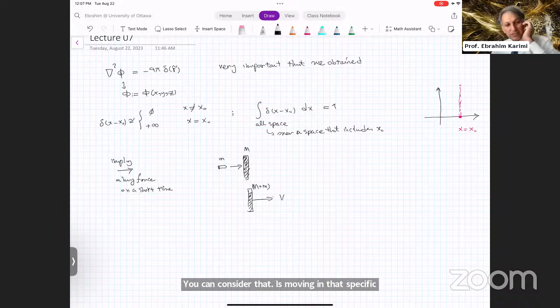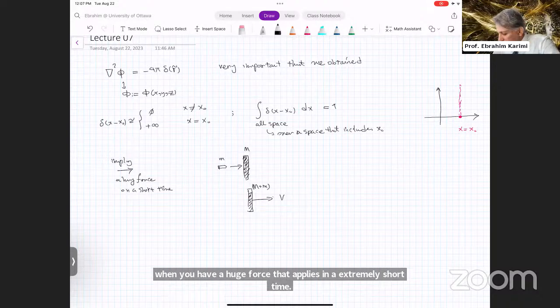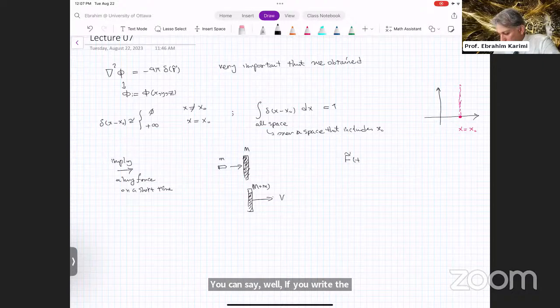So for such cases, when you have a huge force that applies in an extremely short time, you can write the force as a function of time. Before the time of the event, which I call t0, the force is 0.